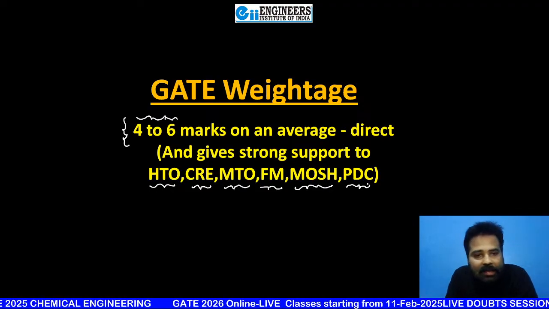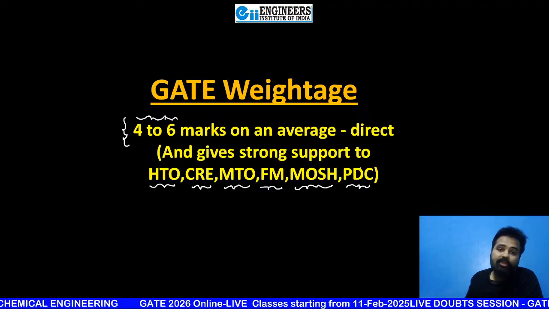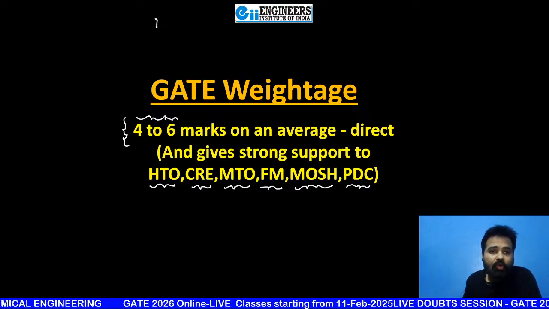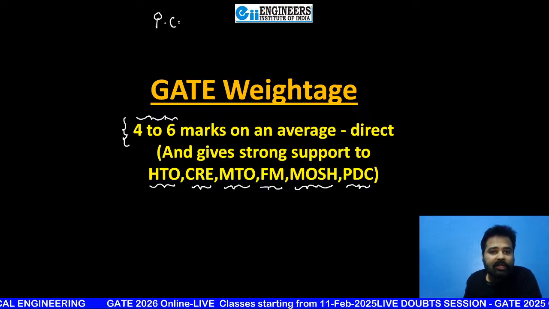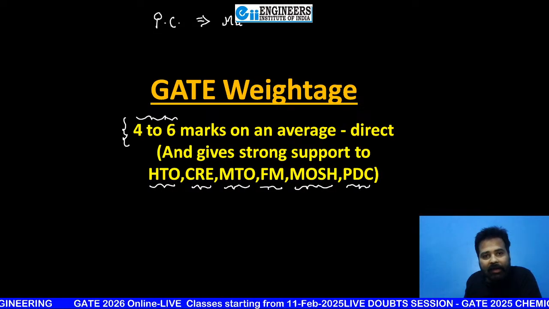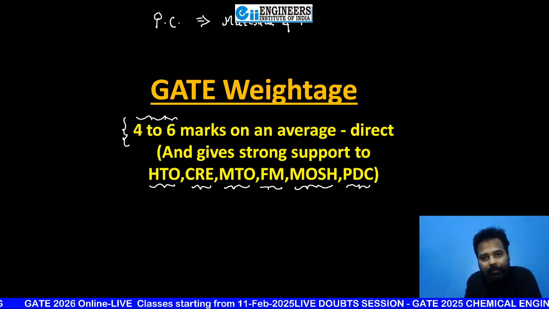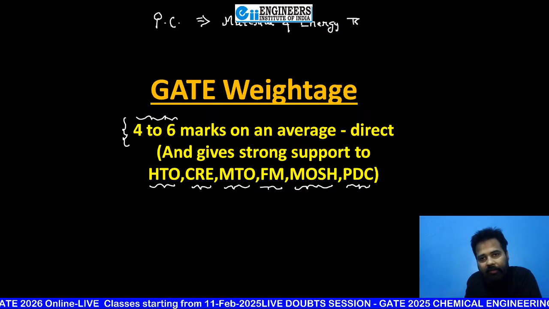So you can say that this is a very, very important subject for you beta. That is process calculation. What do you mean by process calculation? PC means material and energy balance.